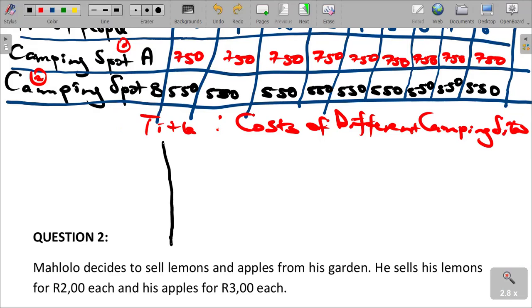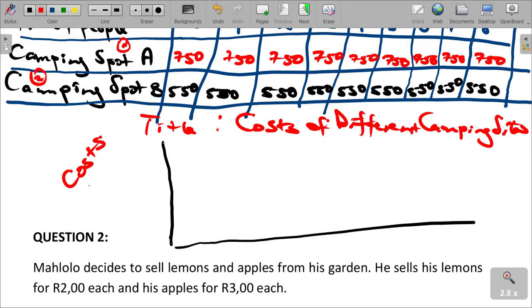Just to quickly show that, on the horizontal axis and the vertical axis, they must be labeled. So on this side, we have cost, and our costs are in rands.